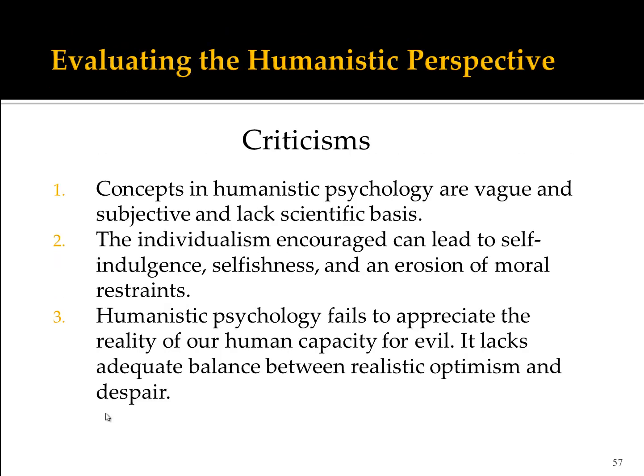Criticisms of it are somewhat similar to those we have with psychoanalytic theory, in that they're vague, subjective, and lack a scientific basis. Individualism is encouraged very strongly here. In our next section, section 6, when we talk about social cognitive theory, we'll talk about individualism versus a sense of community or collectivism. But individualism in itself can lead to self-indulgence, selfishness, erosion of moral constraints.